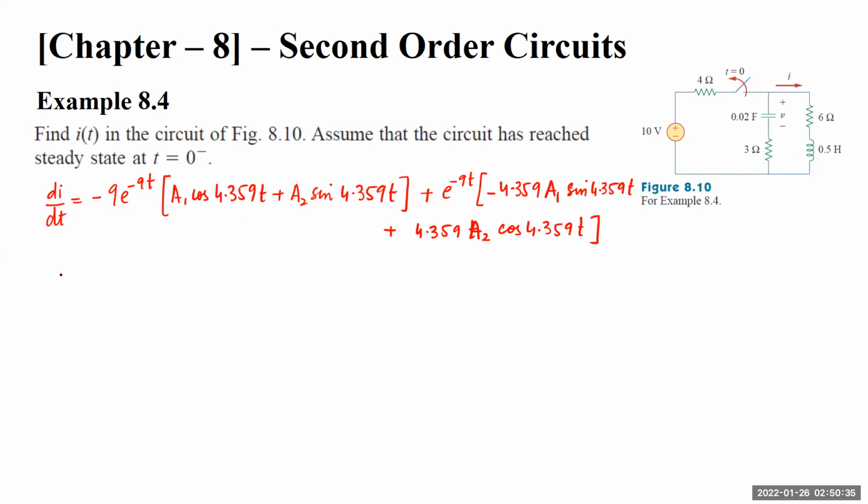Now we put in the values. At t equals 0, di/dt is minus 6 amperes per second.